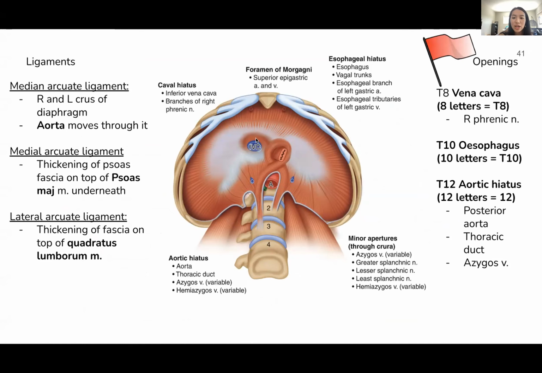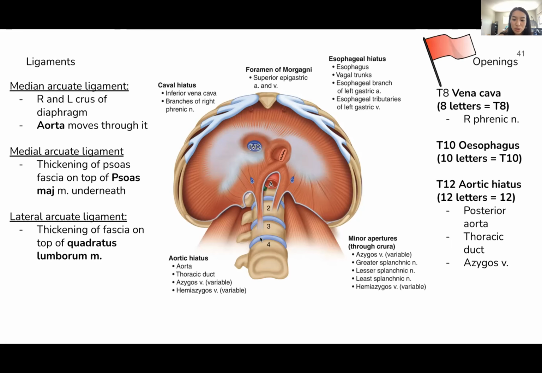The way I remember it, T8 is vena cava. Vena cava is 8 letters, so 8 letters is T8. The right phrenic nerve also goes through that. And then T10, esophagus with an O is spelled with 10 letters, so it is T10. And then this one, aortic hiatus, 12 letters. So T12. Okay.